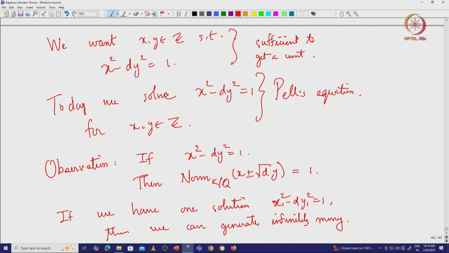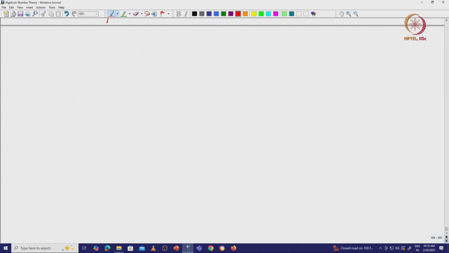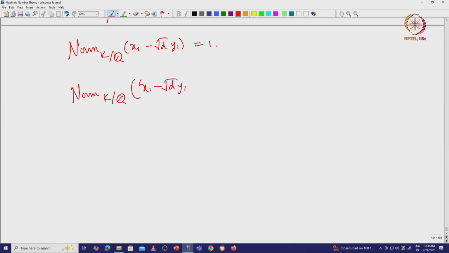How do we do that? Well, we know that the norm from k to Q of x1 minus square root of d y1 is equal to 1, and hence the norm of (x1 minus square root of d y1) to the power k is also equal to 1 for all natural numbers k.